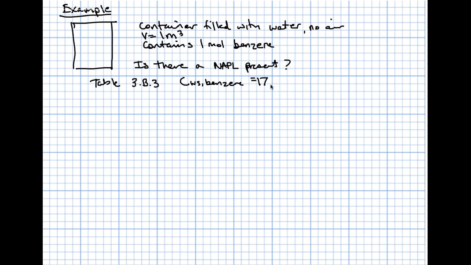And the value is 1,780 milligrams per liter. So in this example, just like in the previous one, there are two possibilities. One is that that entire mole of benzene is dissolved in the water, and the other possibility is that a NAPL is present. So we can explore the first possibility and assume that it's all dissolved.